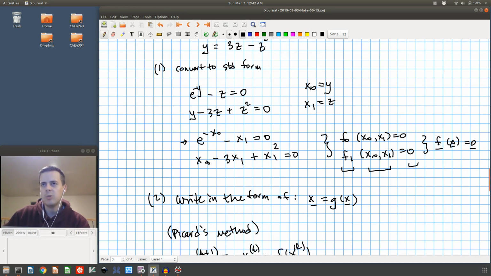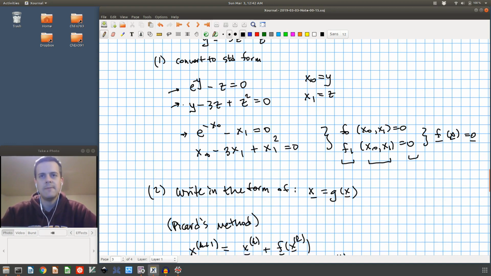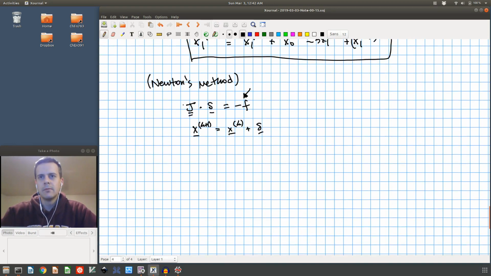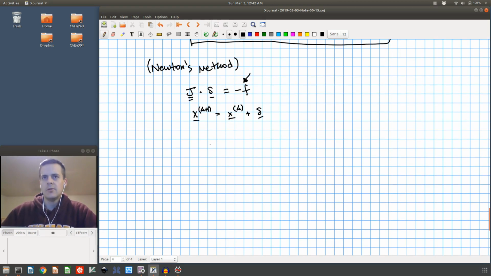If I'd picked x0 to be z and x1 to be y, it wouldn't matter. And if I'd picked this one to be equation 1 and this to be equation 0, it didn't matter. That doesn't change what happens in the method. So that's the first hardest part, picking the f and remembering the minus sign.